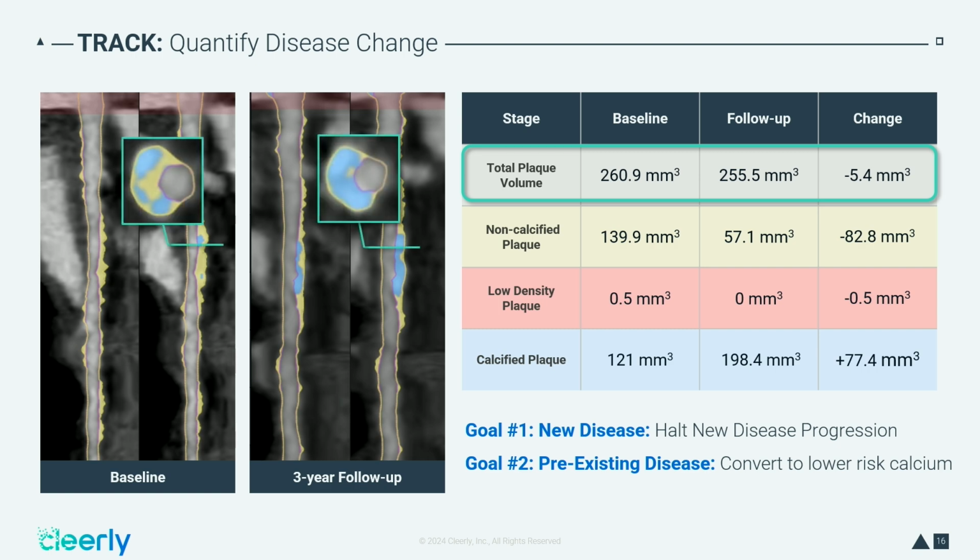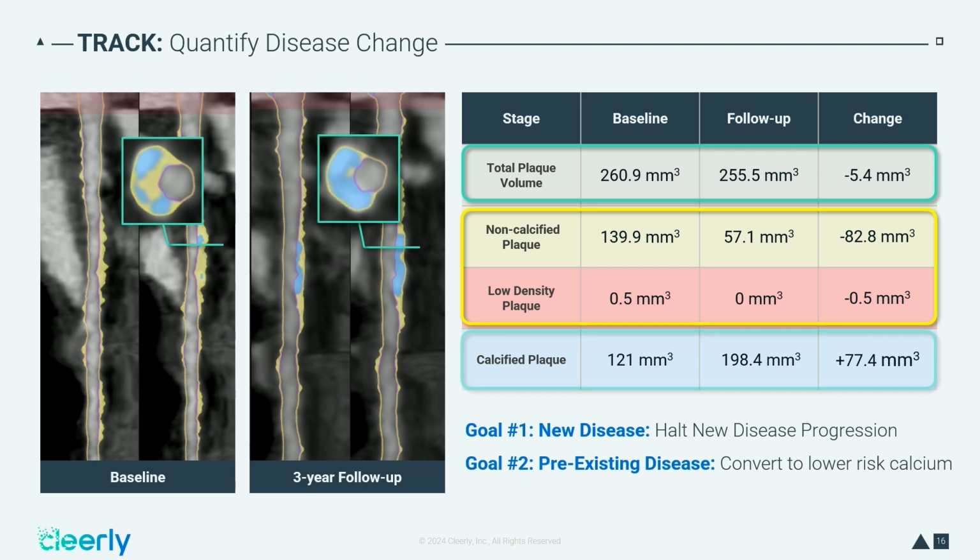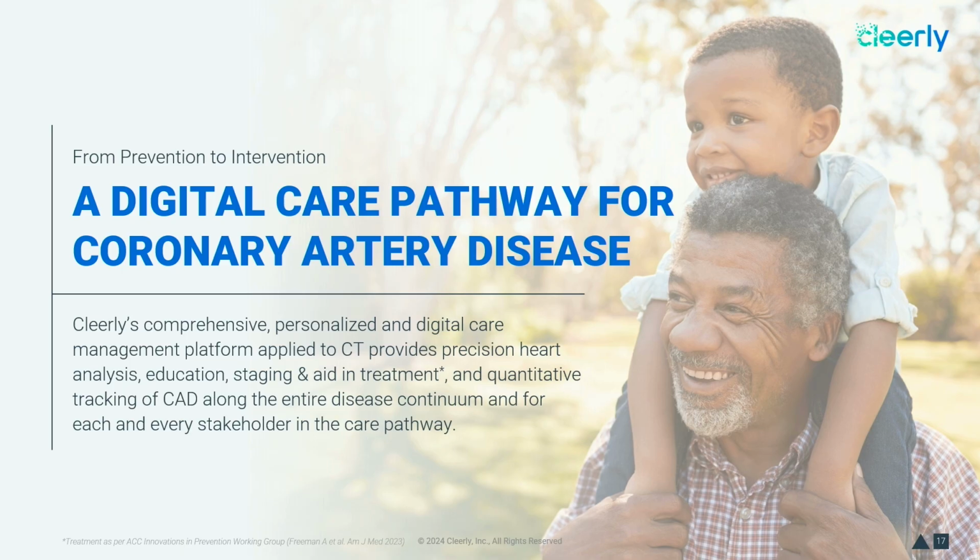But as importantly, what you're seeing is that all of that yellow non-calcified plaque is turning blue into calcified plaque. His non-calcified plaque is dropping by 80. His calcified plaque is increasing by 80. He's transforming his plaque from non-calcified to calcified. So we're really hitting both of those goals, stopping new disease progression and stabilizing pre-existing disease. So that's sort of the care pathway that we really intended.